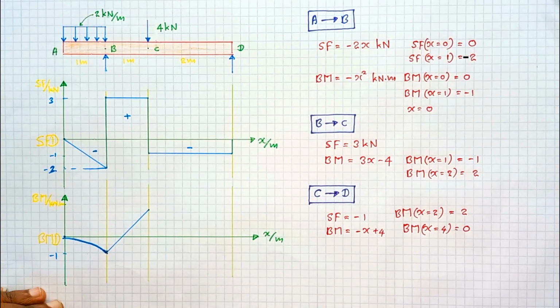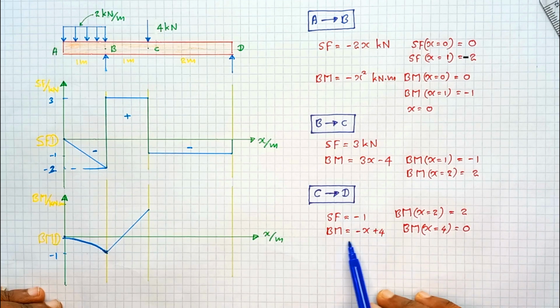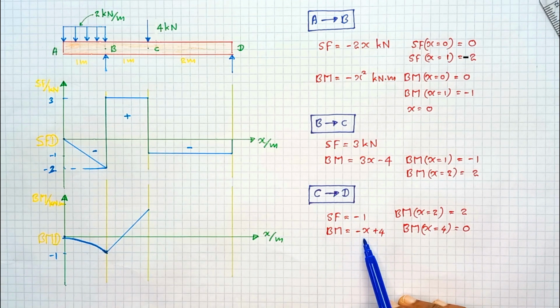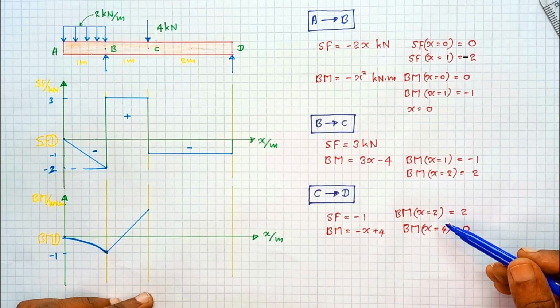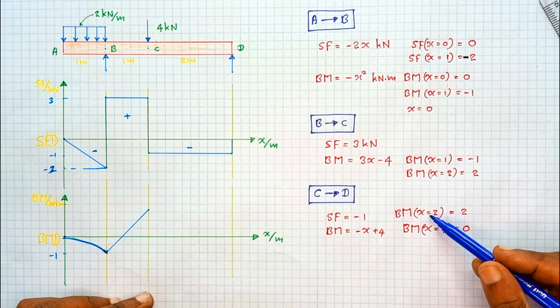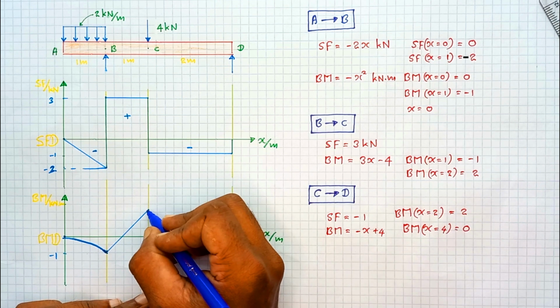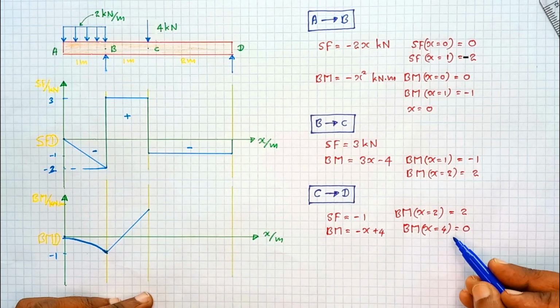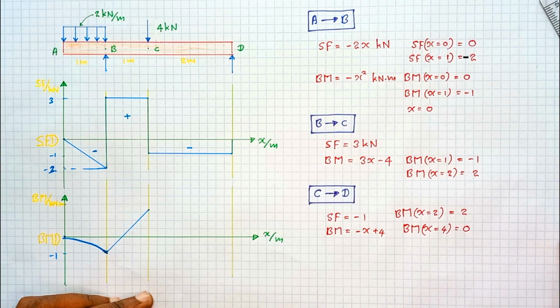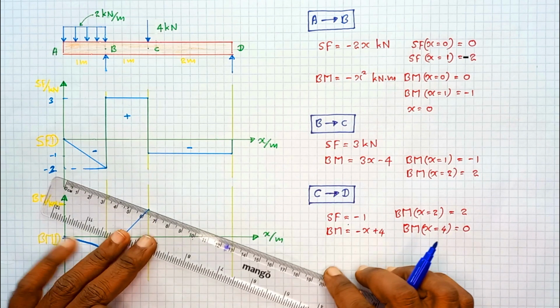Okay. Then the bending moment in C to D region, this is how it varies. It's a negative coefficient linear equation, negative 1. So if you know the 2 points, we can draw the line. Then x equal to 4, the bending moment goes to 0.